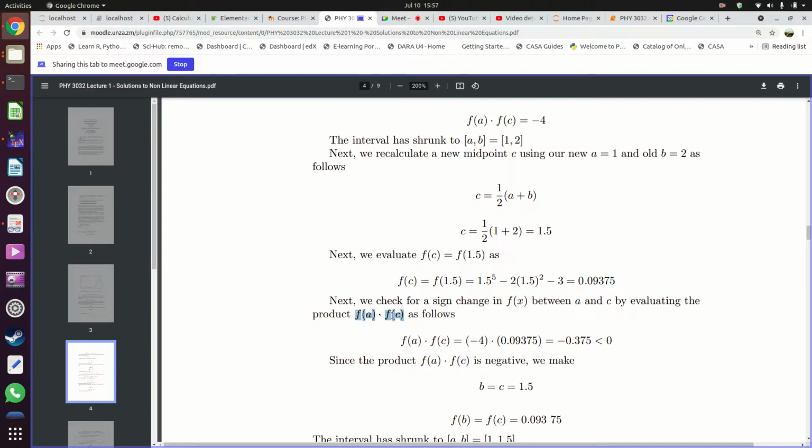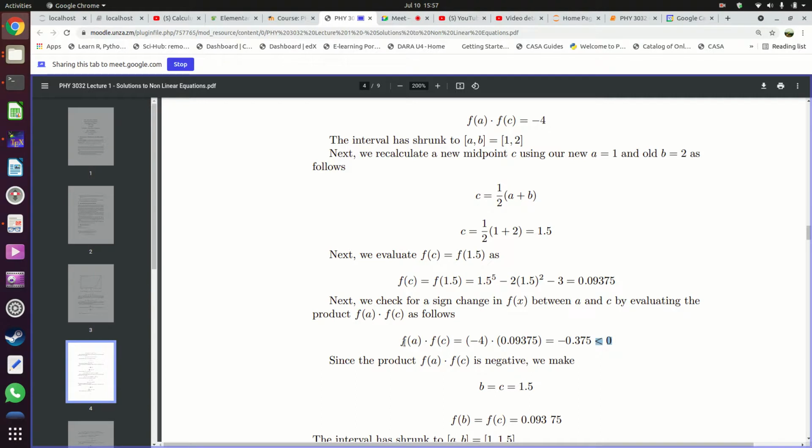Basically what we're trying to do here is find out if the answer to this equation lies between A and C. So when you multiply f of A times f of C, f of A is minus 4 multiplied by f of C, which is what you have here, and this gives us minus 0.375, which is a negative value, which is less than 0.